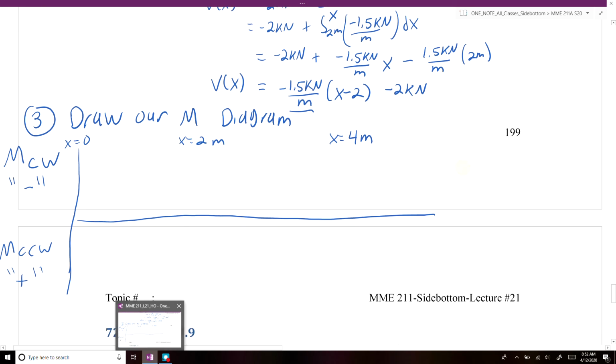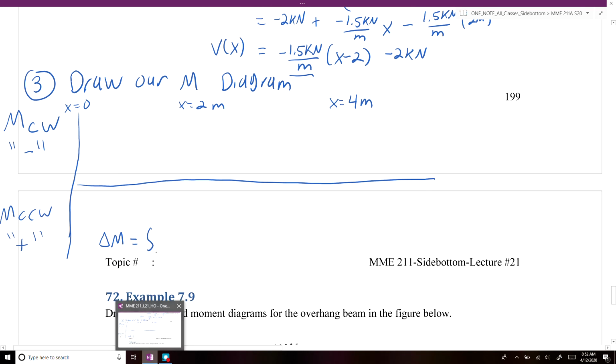So we know that our change in moment is equal to the integral between our 2 points. In this case, we'll have 0 and x, for between 0 and 2 meters, of v of x dx.